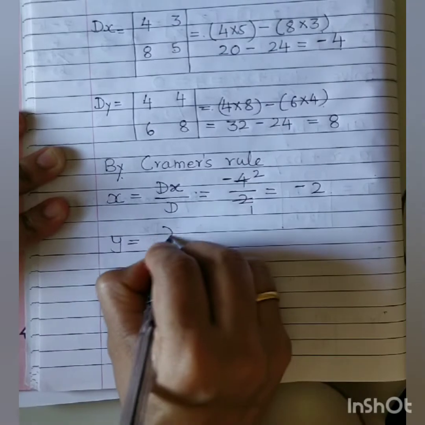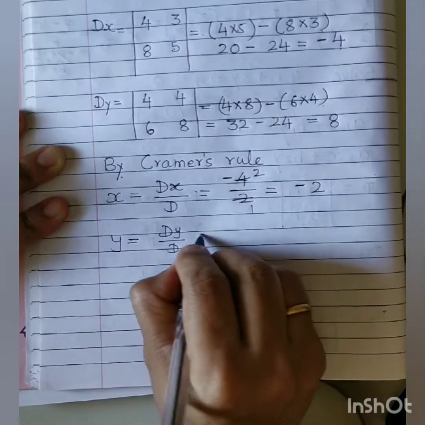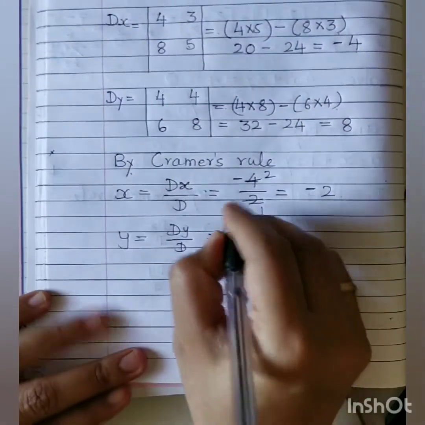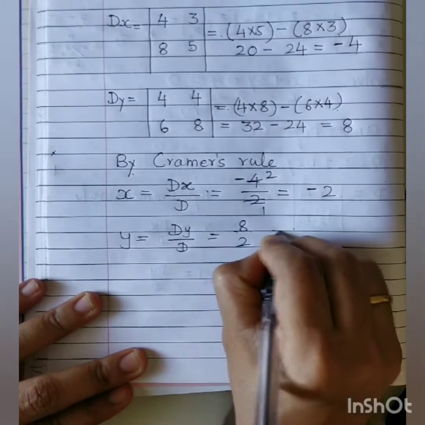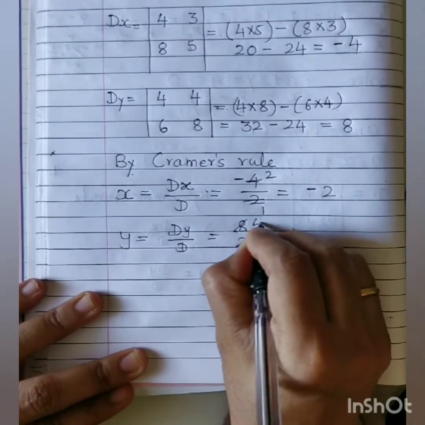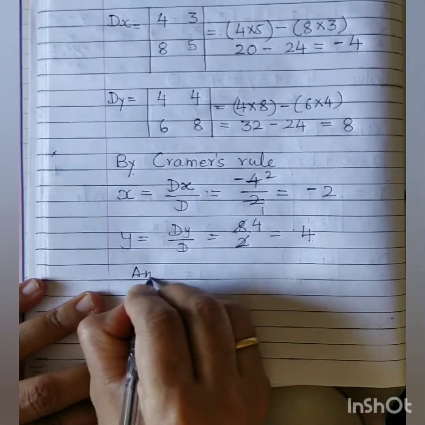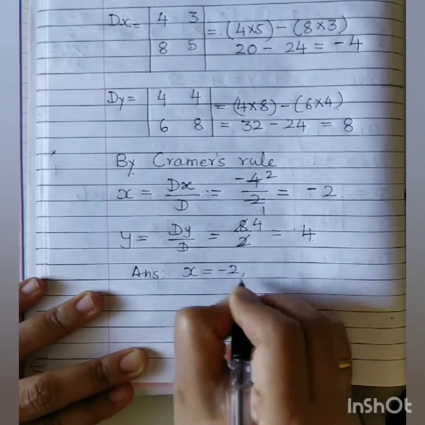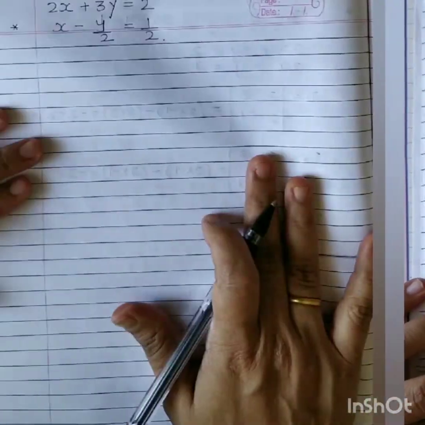Y is equal to dy upon d. So what do you have here? 8 upon 2, that is 4. So what is our answer? X is equal to minus 2, y is equal to 4.